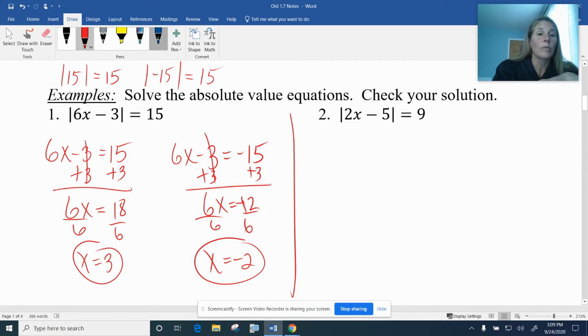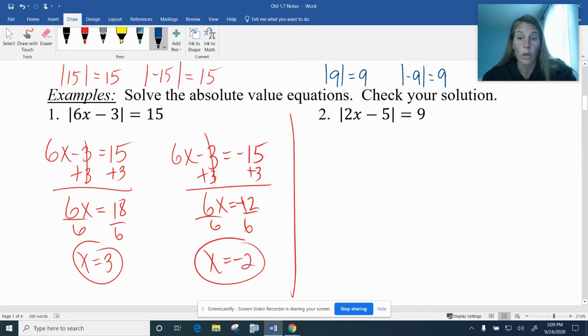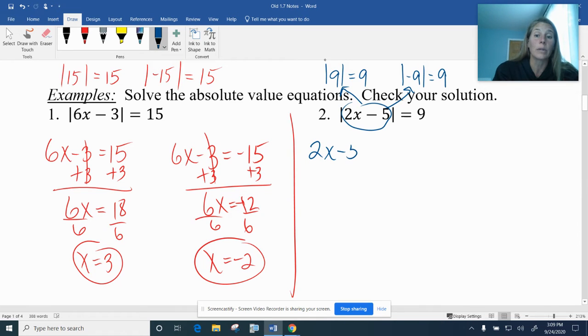Okay, so then the second problem here, we have the same concept. Whatever is in those absolute value bars could be equal to 9, because the absolute value of 9 equals 9, but that 2x minus 5 might be negative 9, because that would also come out as a 9. So since I'm not sure which one of these my 2x minus 5 is equal to, I would have to account for both possibilities.